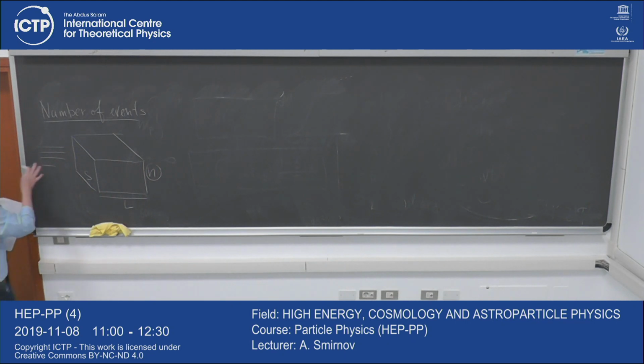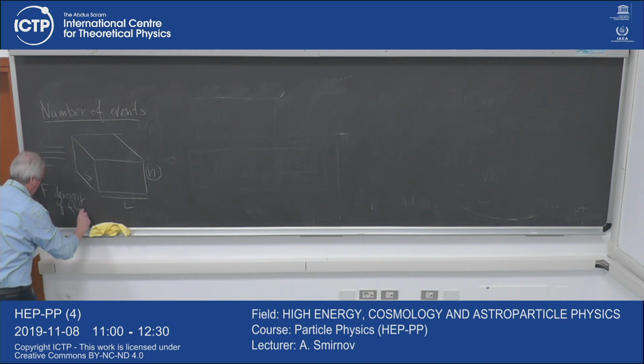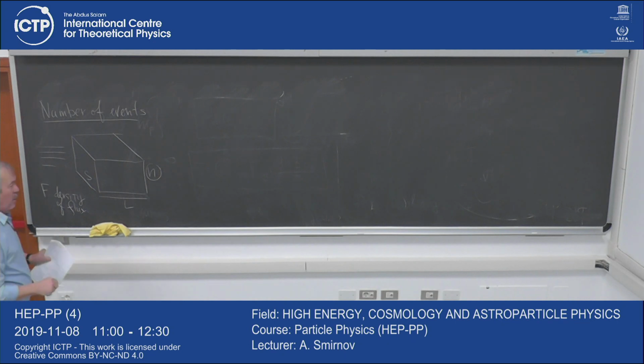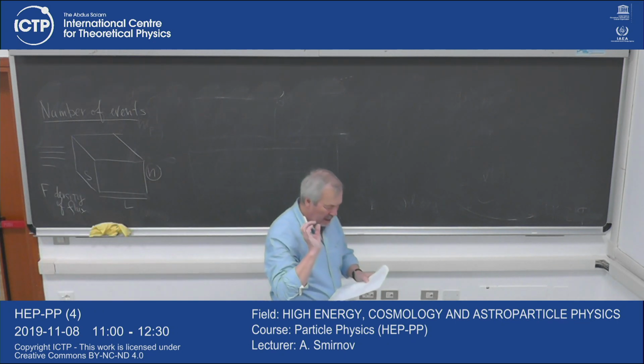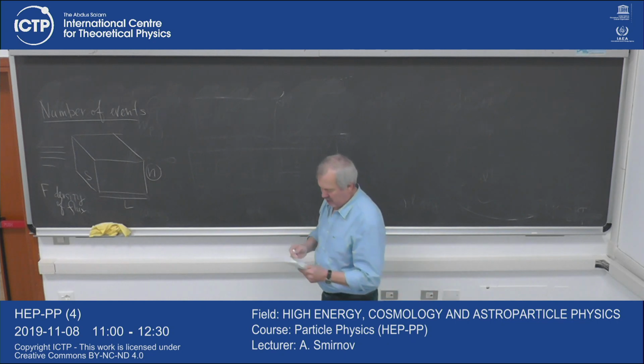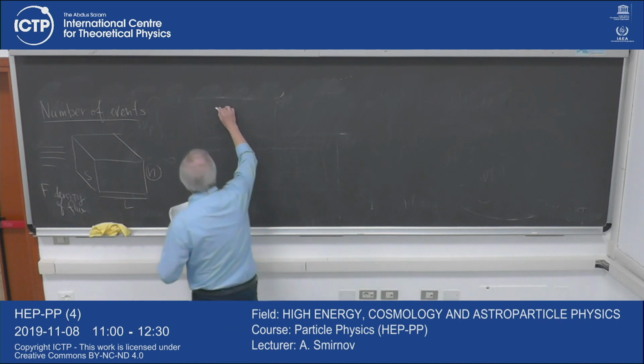Suppose the flux of incoming particles is F, so it's actually the density of flux, which is the number of incoming particles which cross a unit of surface. So let me write it here.